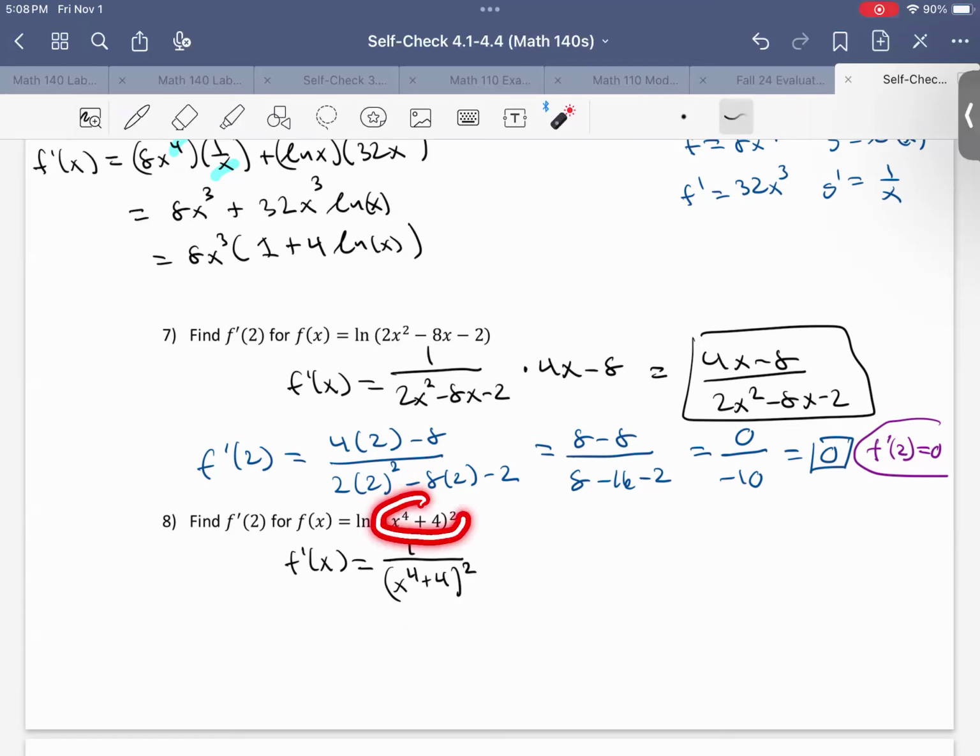It's just whatever's inside of this natural log, 1 over that, times the derivative of that inside. The derivative of this inside is going to be a chain rule. So this would be 2x to the fourth plus 4 times the derivative of that x to the fourth plus 4. So it'll be 5x to the 4. Oh, sorry, 4x to the third.